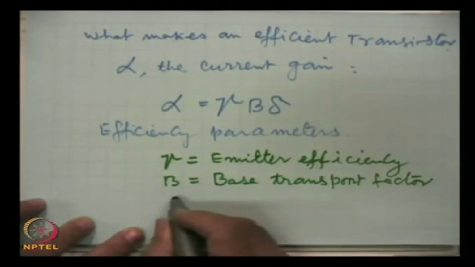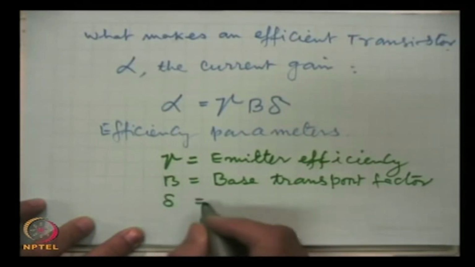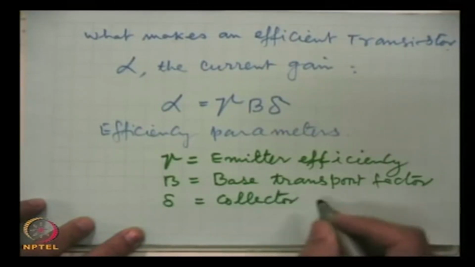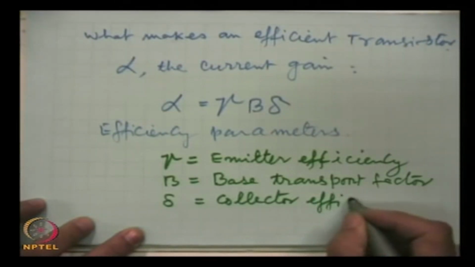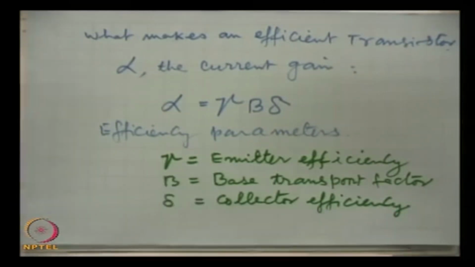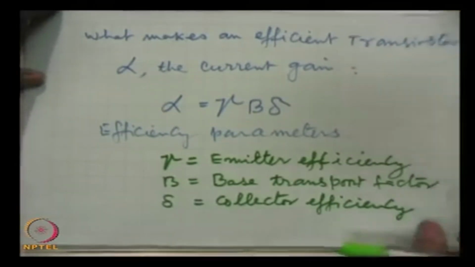And delta is called collector efficiency. We will talk about all these 3 efficiency parameters one by one.